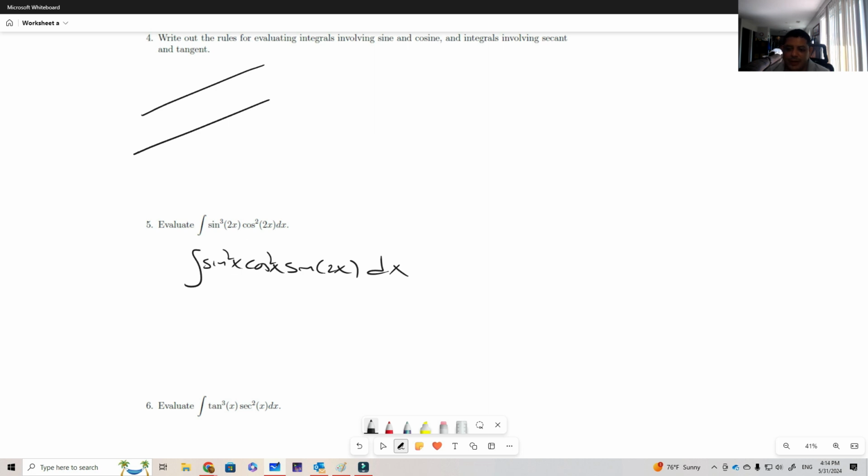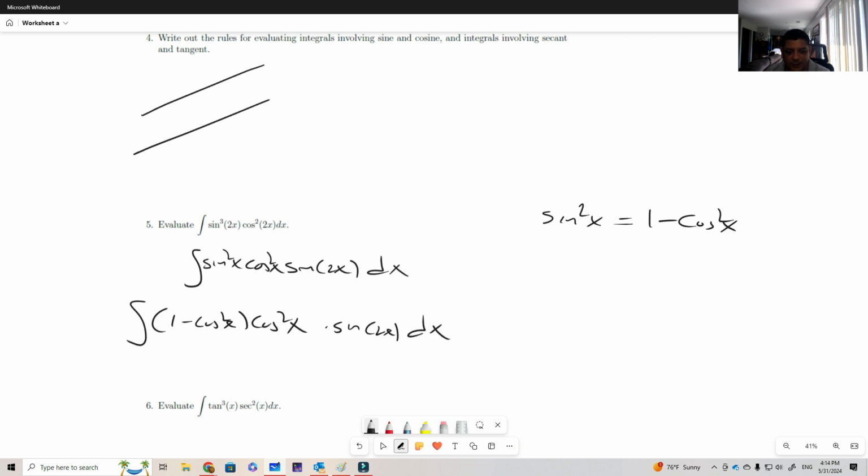And so it would be nice if I have everything in terms of cosine, so I can make a substitution that gives me a derivative in terms of sine. So sine squared is 1 minus cosine squared. And so if I do that, then this becomes 1 minus cosine squared times cosine squared times sine of 2x dx. And I can pick a substitution u equals cosine.